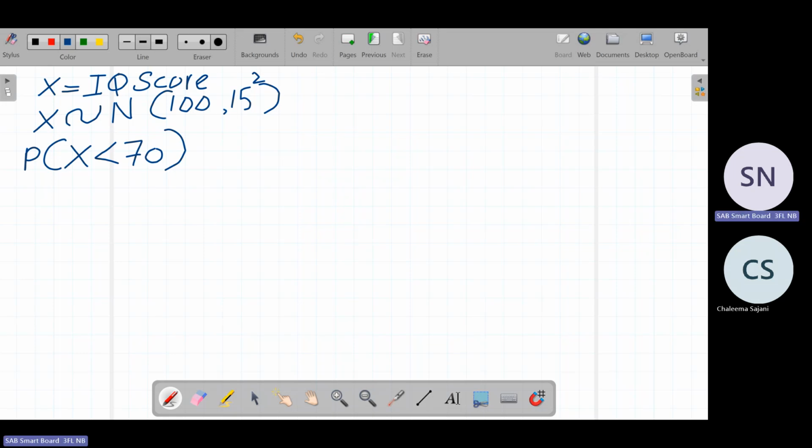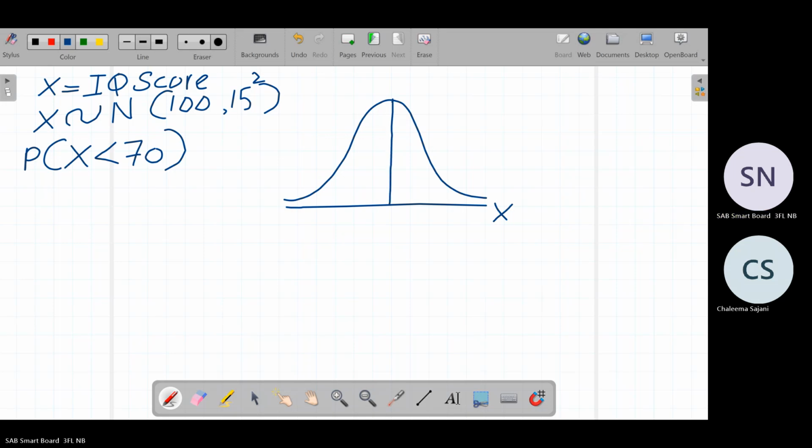Then we move into the normal distribution. This axis is X. This is the middle point here. This middle point represents what? Central tendency measure.